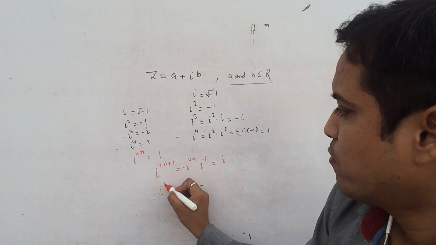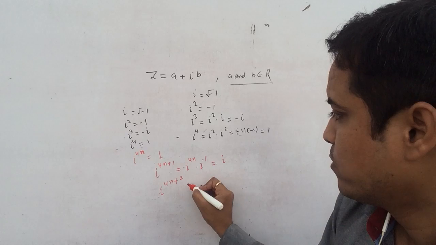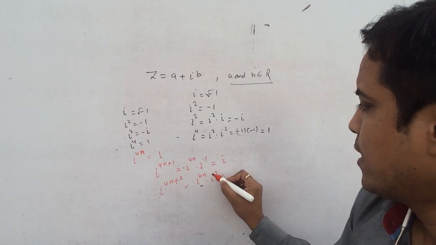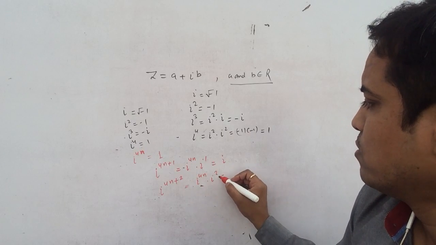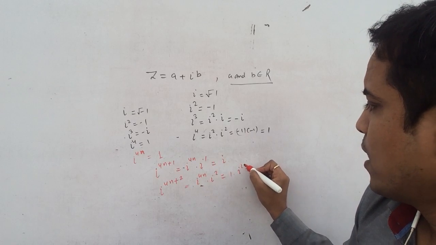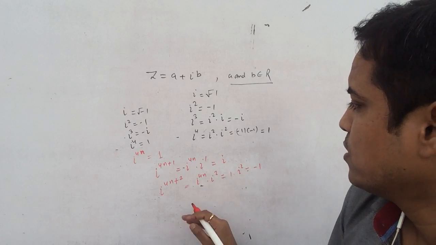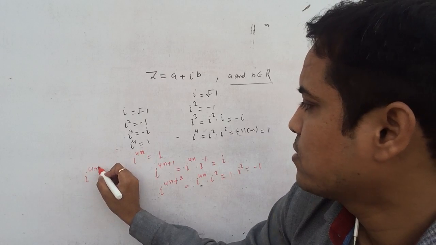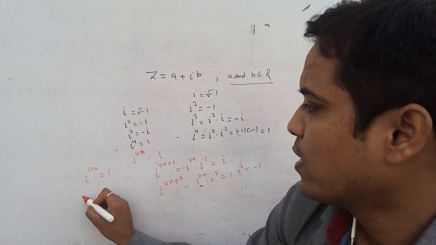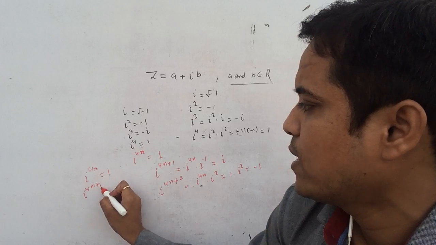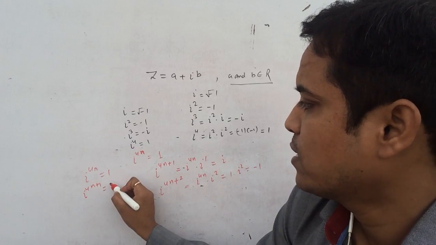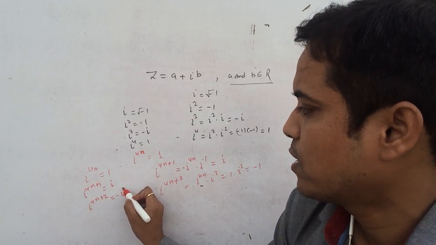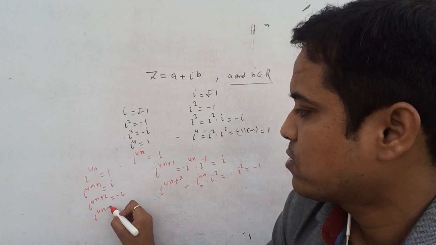What about i raised to power 4n plus 2? It can be written as i raised to power 4n into i square, and i raised to power 4n is 1, and the value of i square is minus 1. In this way, i raised to power 4n plus 1 is iota, and i raised to power 4n plus 2 is minus 1. What about i raised to power 4n plus 3?